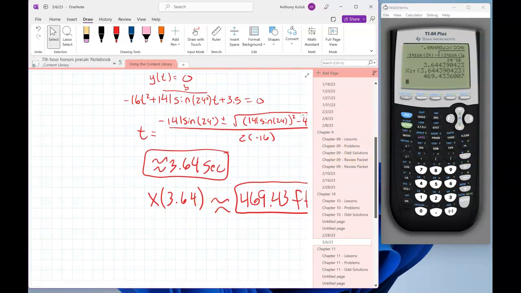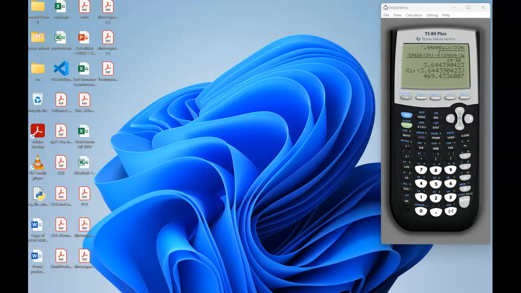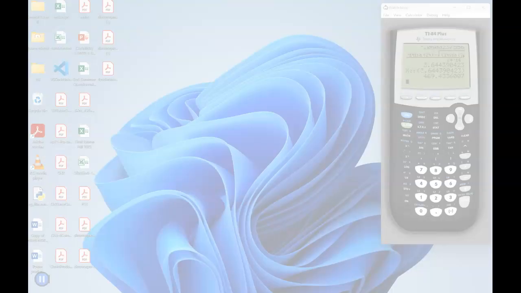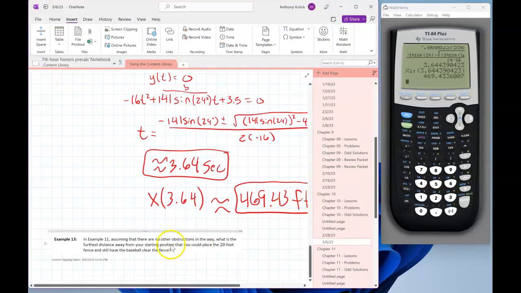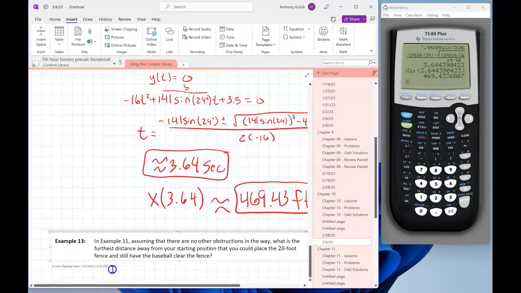Let's do one more variation on this. So assuming no other obstructions, what is the furthest distance away from the starting position that you could have placed that 20-foot fence and still have the baseball clear the fence?